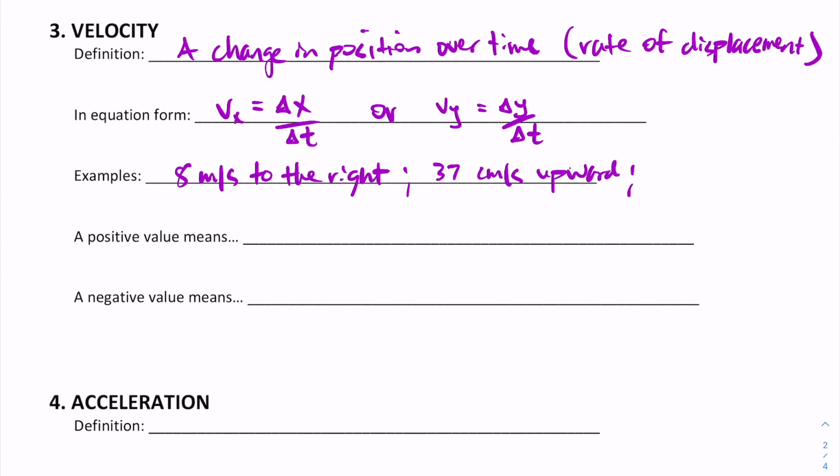Or something like negative 4.6 meters per second, which just means it's moving in the negative direction. A positive value for velocity means that the object is moving in the positive direction. And a negative value for velocity means that the object is moving in the negative direction.